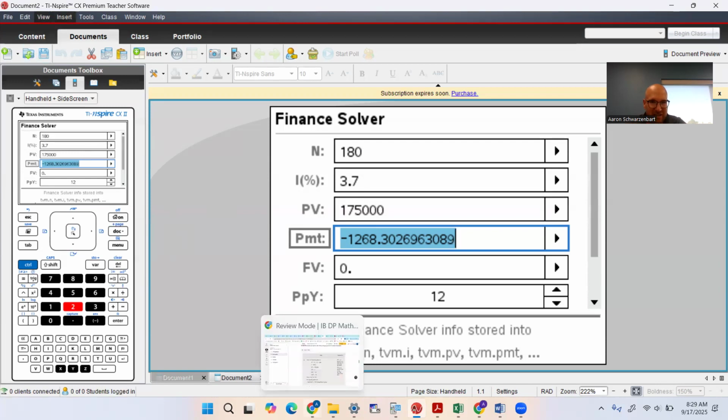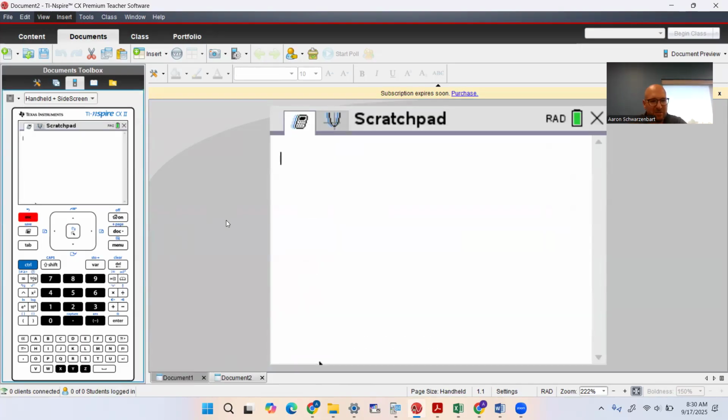So to go back, it then asks us how much we're going to pay in interest. I'm going to escape out of this. 1268.3 times, we're paying that for 180 months. Escape. So I write down my value.